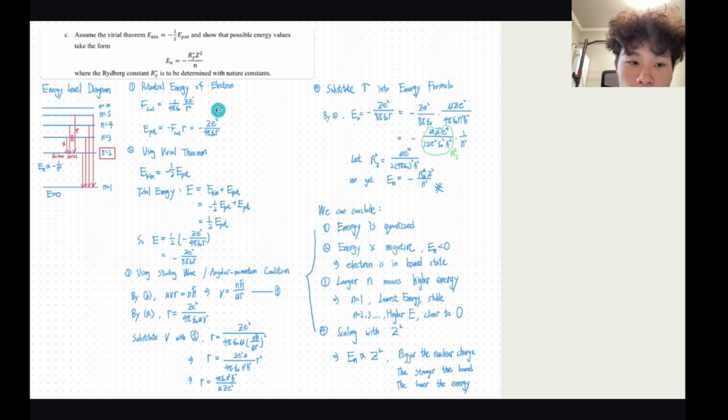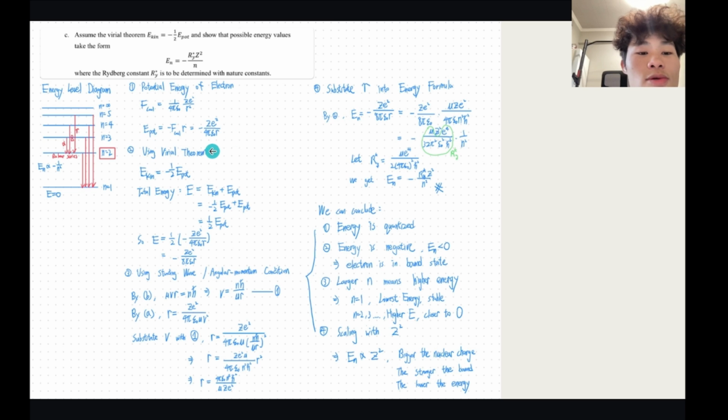Since energy is force times distance, potential energy equals minus the Coulomb force times the radius r. So it equals minus z squared over 4 pi epsilon naught times r.